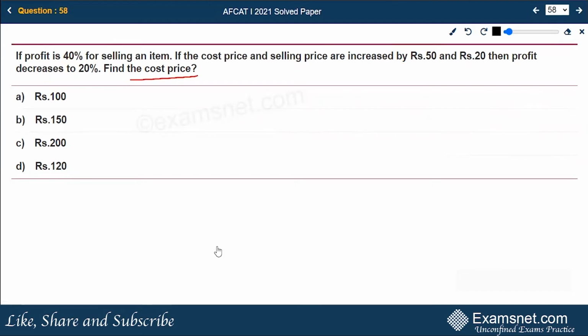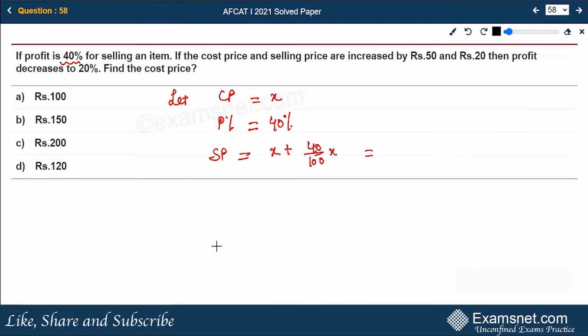You don't know what is the cost price. Let's suppose that cost price is equal to X. If cost price is equal to X, then a profit of 40% was availed on that. So what will be the selling price? Selling price will be cost plus 40% of x, which makes it 1.4x.